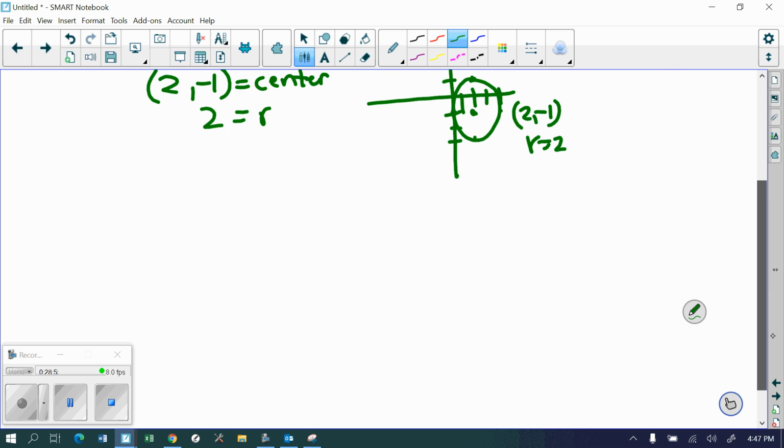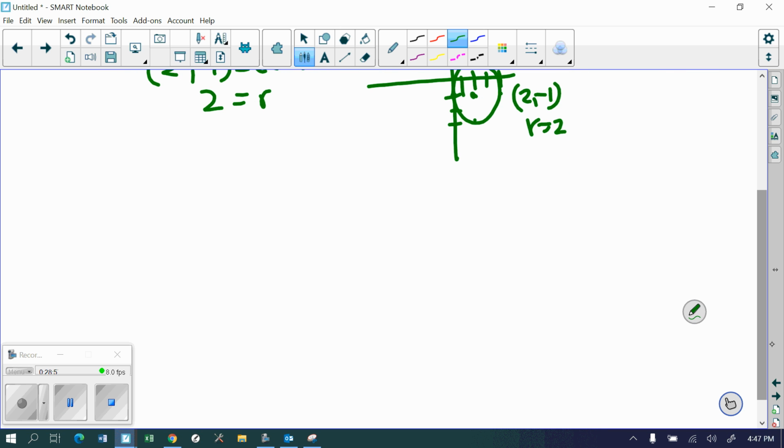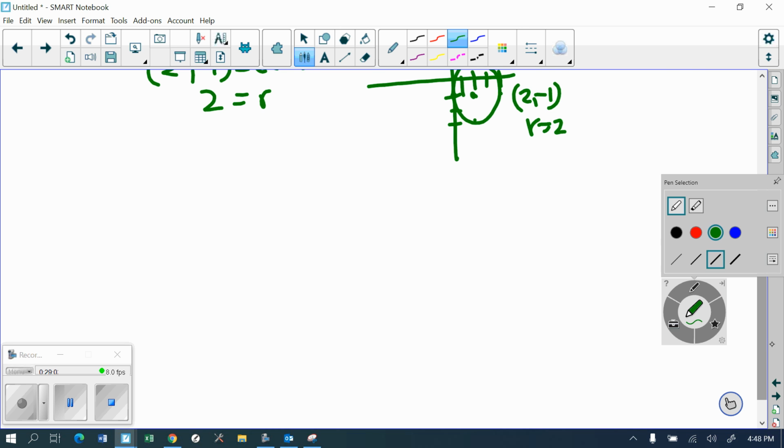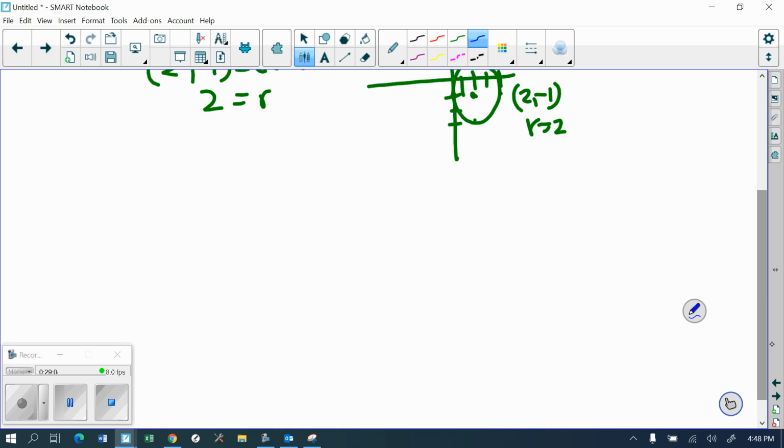Next type, and we'll throw in the midpoint formula to apply it, is given endpoints of a diameter.